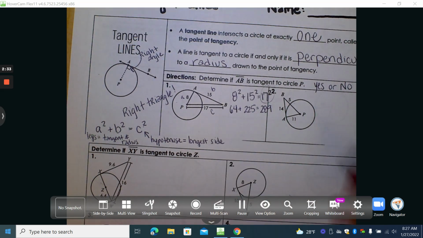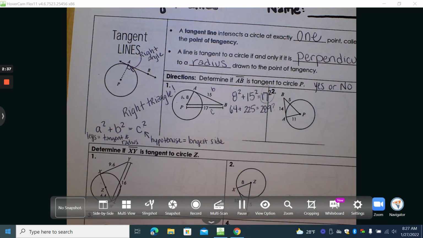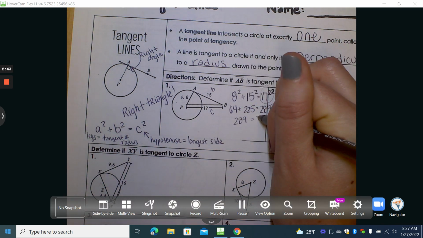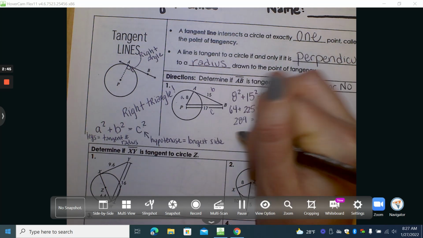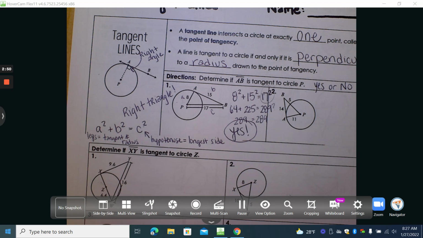And so I want to know, is this true, yes or no? Well, 64 plus 225 is in fact 289. So yes, this is true. This line is tangent.